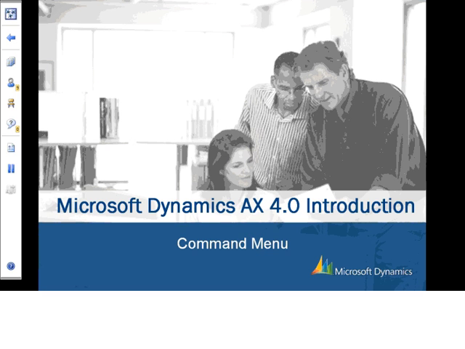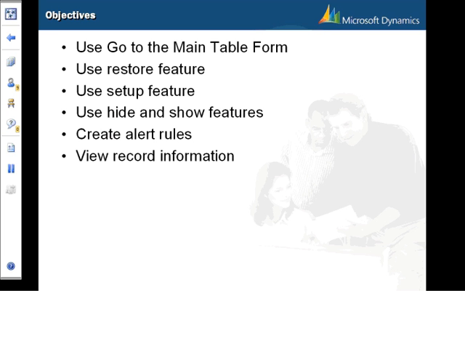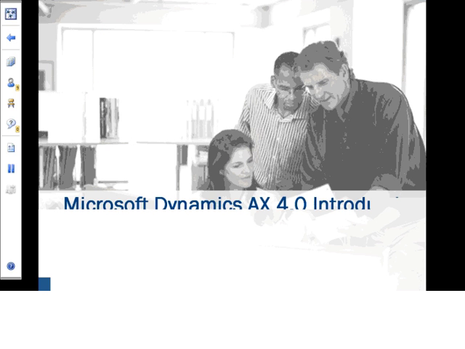In the command menu session, we used the Go to the Main Table form. We used Restore features and Setup features, Hide and Show features. We created alert rules and viewed records information.